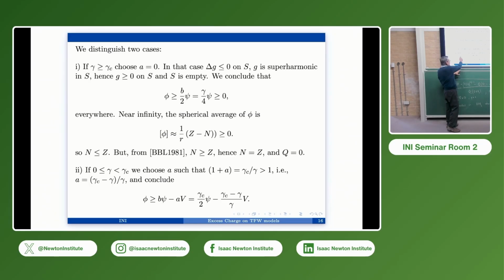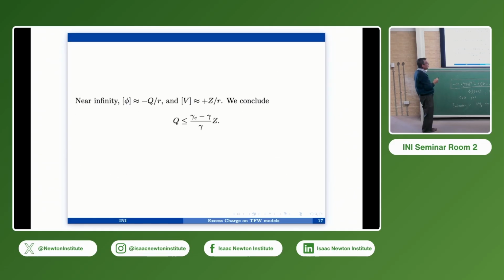And when gamma is less than or equal to gamma c, you have to choose different A and B. Anyway, by using comparison theorems, you can prove this theorem: when gamma is bigger than gamma critical, the total charge Q is 0, and when gamma is less than gamma critical, Q is bigger than 0.